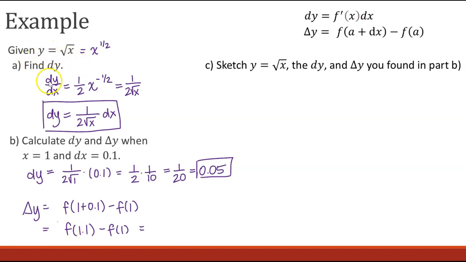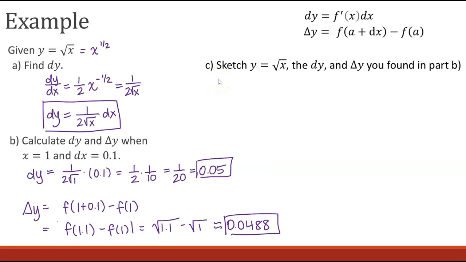So y is equal to f of x, so we plug 1.1 into the square root of x. So we're looking at the square root of 1.1 minus the square root of 1. So we're going to need a calculator for this. That means it's going to end up being approximately 0.0488. So it's not too far off using the differential to approximate versus the actual change in y, which we needed a calculator for to get the square root of 1.1.